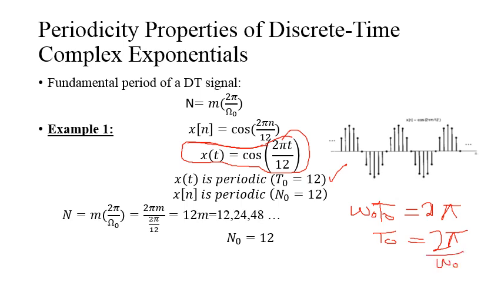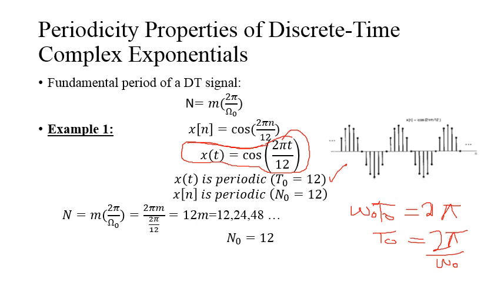Here omega naught is 2 pi by 12, so putting this in results in 12 seconds. This is how you find the period for the continuous time case.